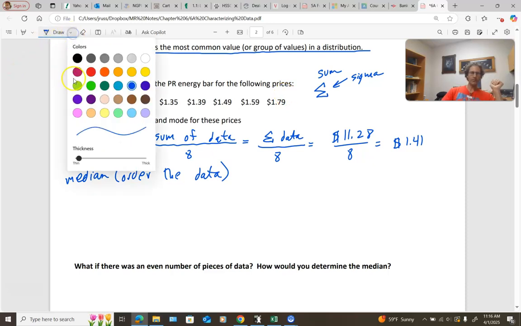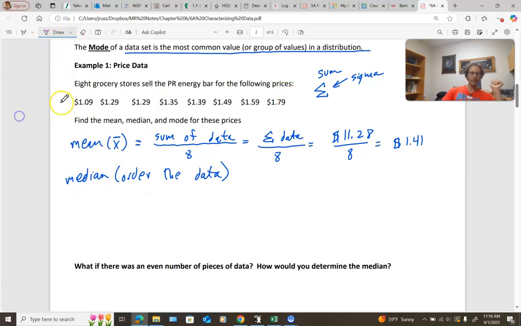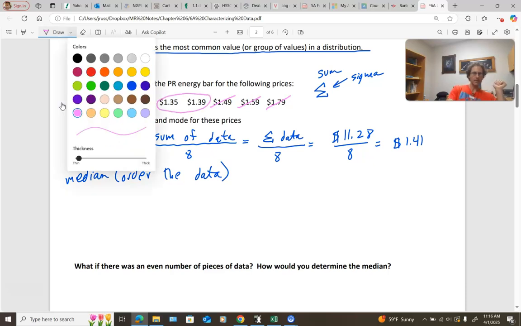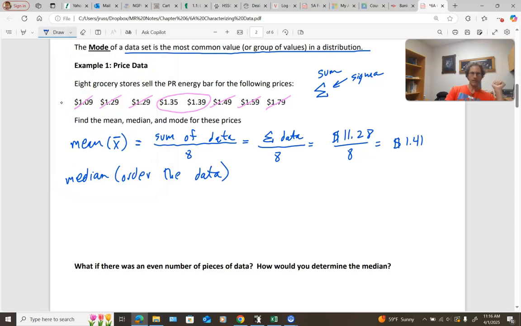And so if I'm doing this manually, what I would do is maybe just start marking off these data values from each end, one by one, until I arrive at 1 value in the middle or 2 values in the middle. In this case, it's going to be 2 values. And so what I do now is I take the average of those 2 values. So $1.35 plus $1.39, I'll divide that by 2, and this one I can kind of do in my head.